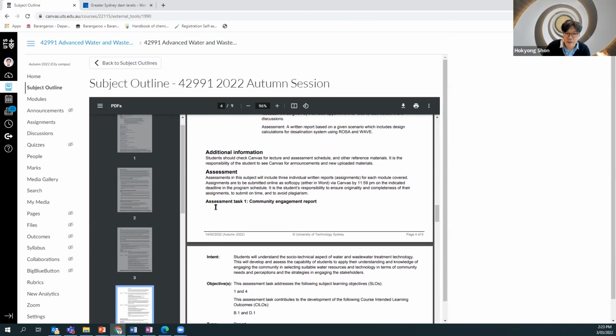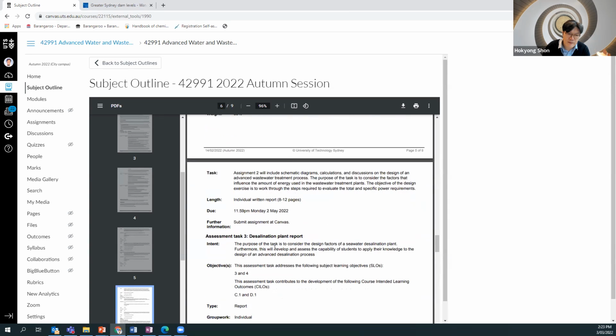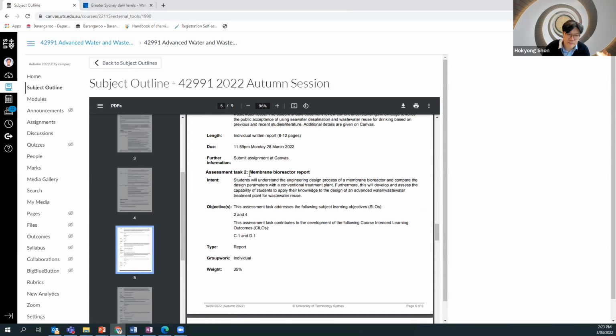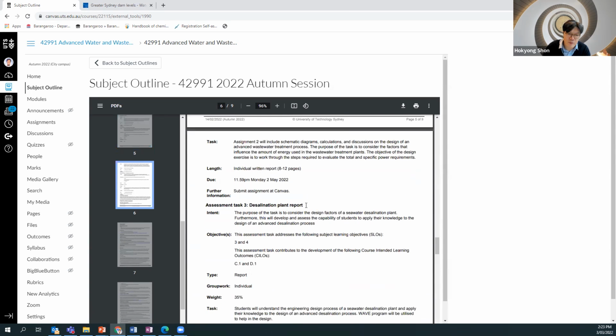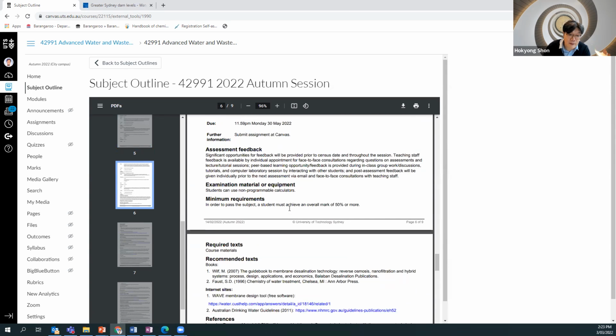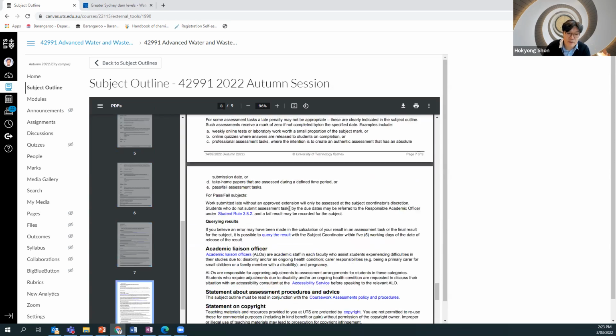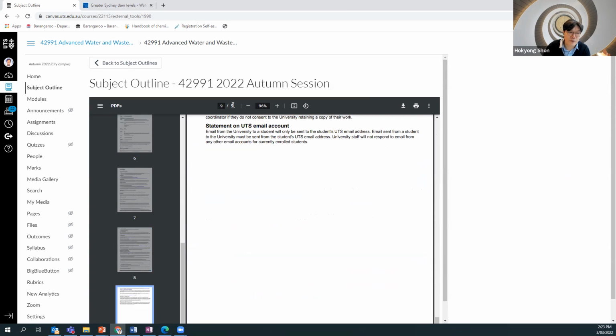We have 3 assessments after each module. The first is the community engagement report, the second is the membrane bioreactor report, and the third, module 3, is the desalination plant report. All the detail, including deadlines, is in this subject outline.